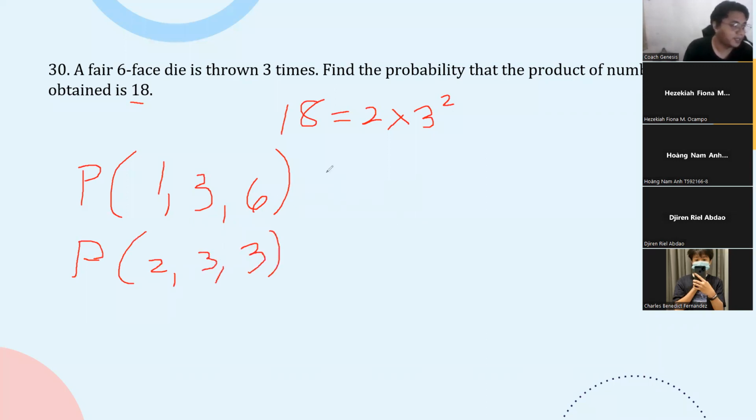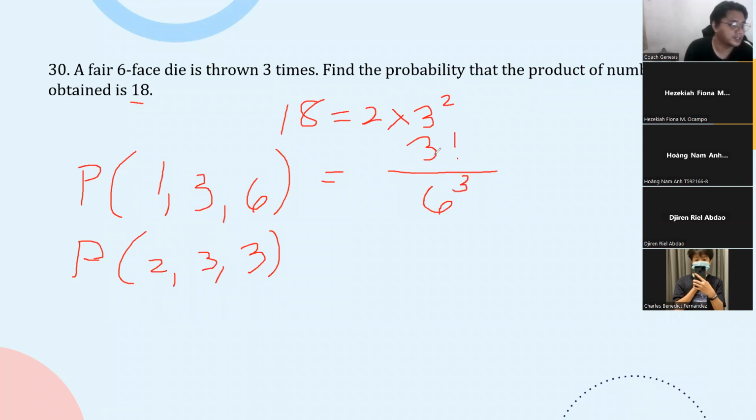So what is the probability of having 1, 3, and 6? So for this one, the probability will just be 3 factorial divided by 6 cubed.